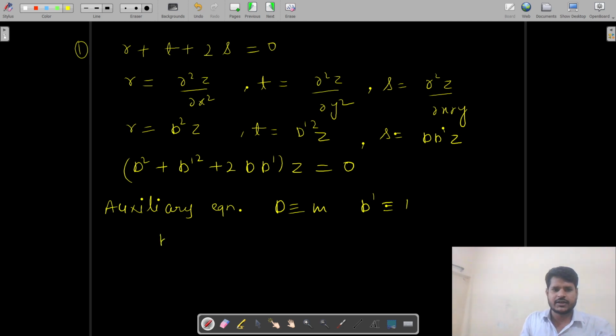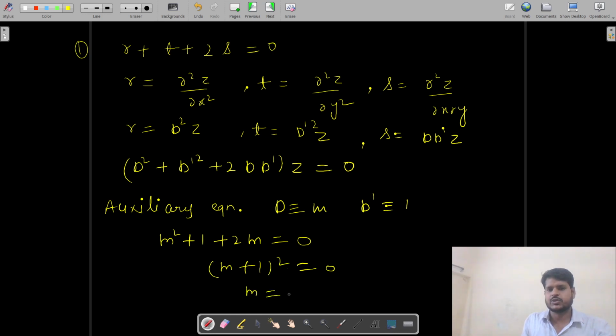So this is m square plus 1 plus 2m equal to 0. This is the auxiliary equation. You can write this as m plus 1 whole square equal to 0. So we have m equal to minus 1 and minus 1.